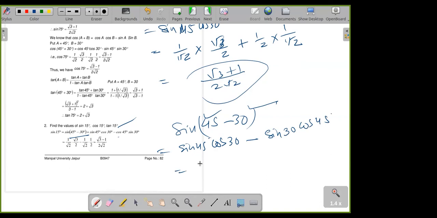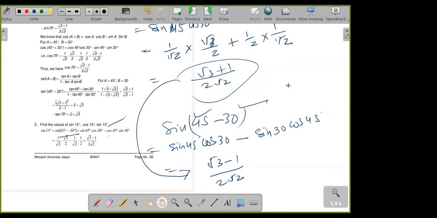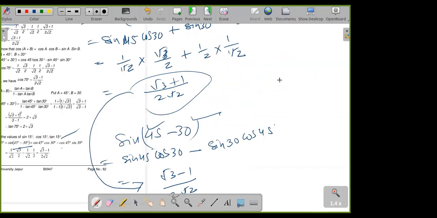Okay, you got that. I think this will be the same with a negative sign, because it is obvious: 15 degrees is less than 30, so here it will be negative, and for 75 degrees, more than 45, it will be positive.